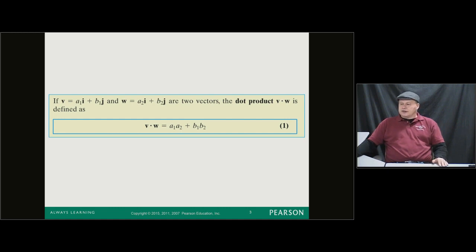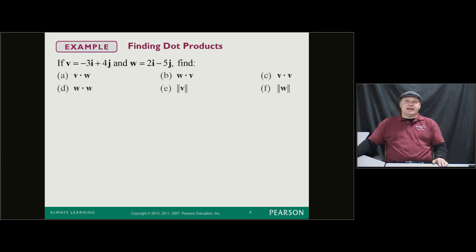So let's look at a series of examples here. We have a vector v, which is negative 3i plus 4j, and vector w, which is 2i minus 5j. We're going to do the dot product of a series of these vectors, and only in part f are we going to find the magnitude. First, the dot product of v and w.